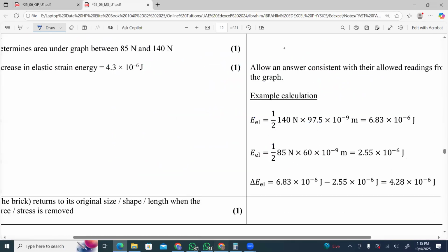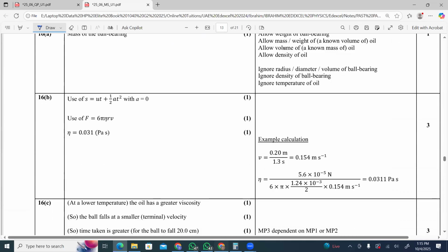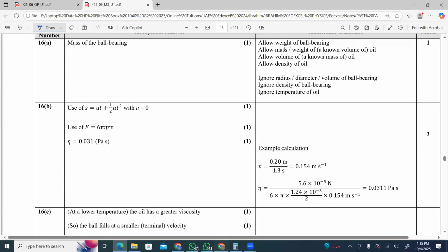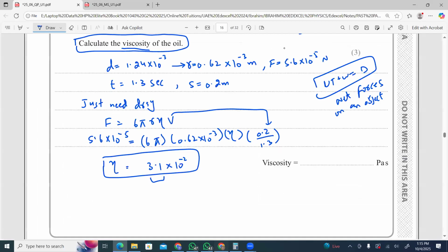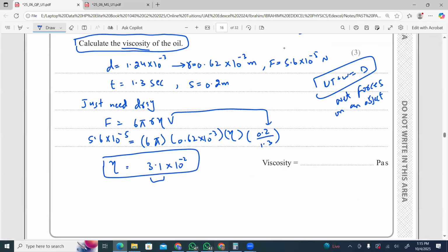Therefore, they have mentioned the answer in the least significant figures as 0.031. So it's 0.031 or 3.1 times 10 raised to the power minus 2. Okay, so it's Pascal seconds.